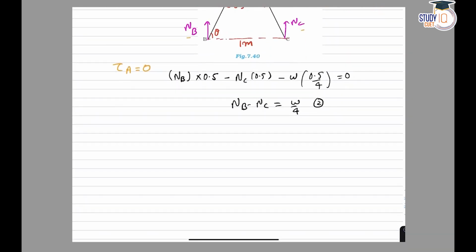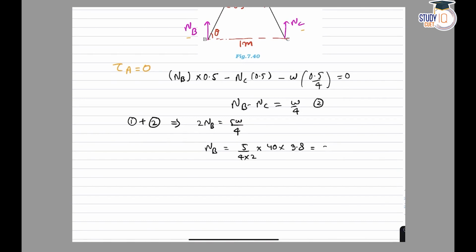Now from the first and second equations, adding the first equation with the second, the value of 2NB comes out to be 5W by 4, where W is the weight. On solving this, the value of NB comes out to be 5 by 4 into 2 into W, where W is equal to mass into g, and the value of g is 9.8.